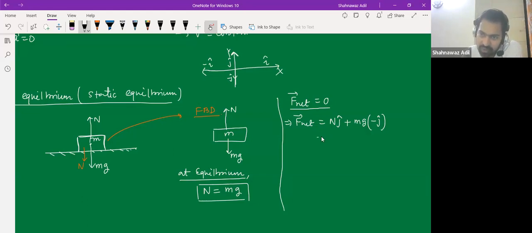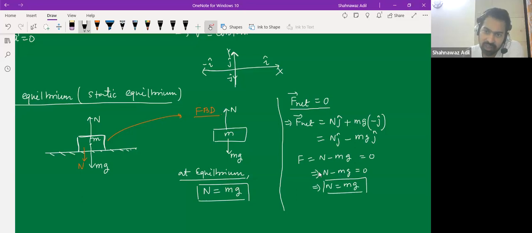Okay. Good. So now if we simplify this, this is N j and this is minus mg. So the magnitude is N minus mg, and that is zero, which means that N equals mg. So this is what you get from the equilibrium condition. And you can see it pictorially also.